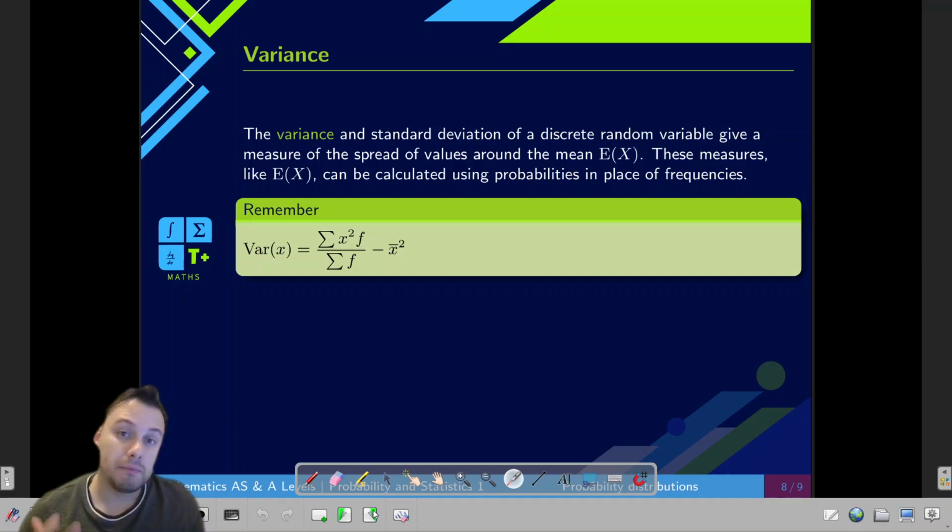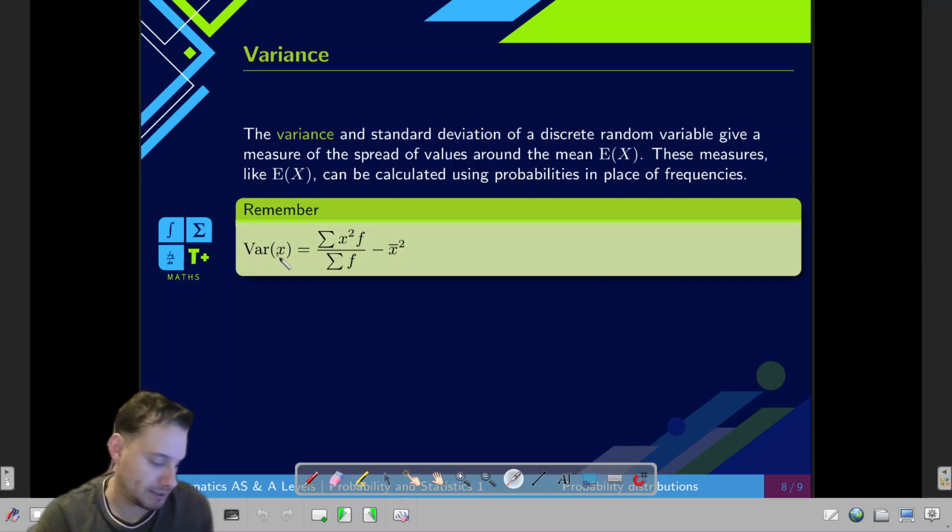I want you to remember that the variance of a discrete random variable is the sum of the squares multiplied times their frequency, in case we're given a frequency table, divided over the sum of the frequencies, and subtracting the mean squared.